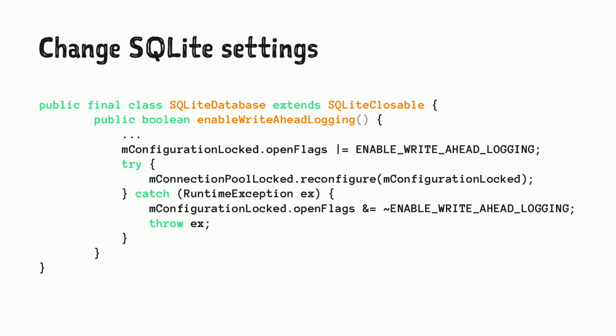This is the method that we would call on the framework's API, enable write-ahead logging. And this method does actually two things. One of them is it changes the settings directly on SQLite engine. And the other thing is that it would change the connections and how many connections read and write are allowed at the same time.